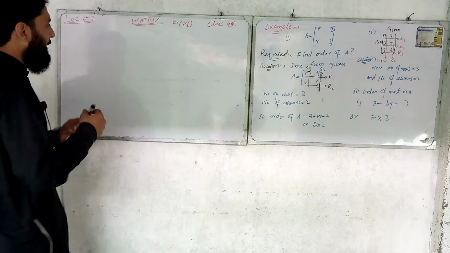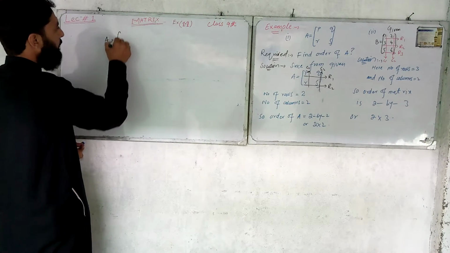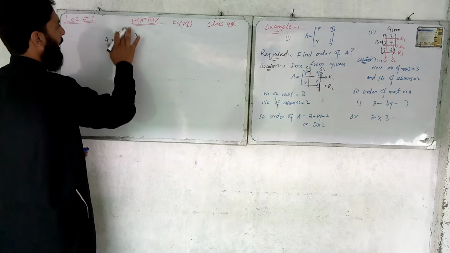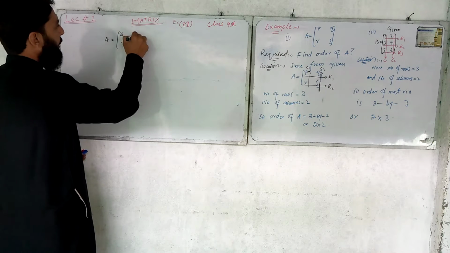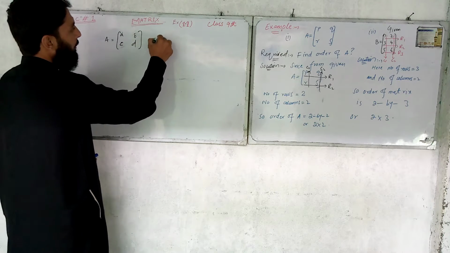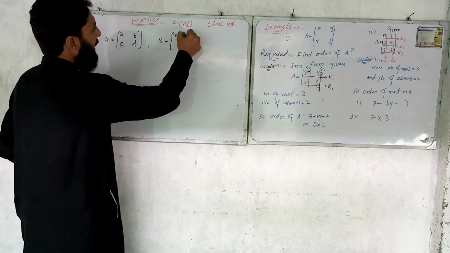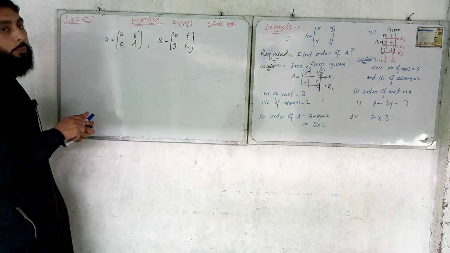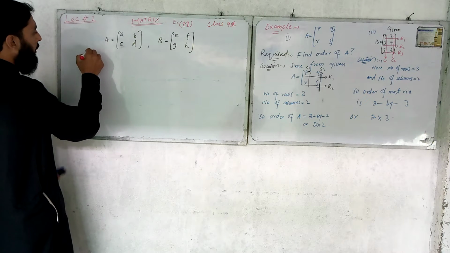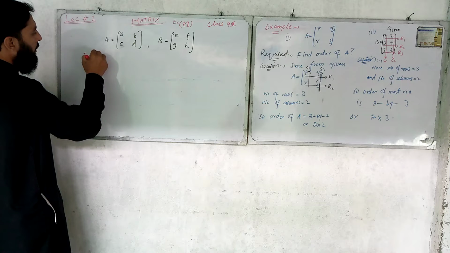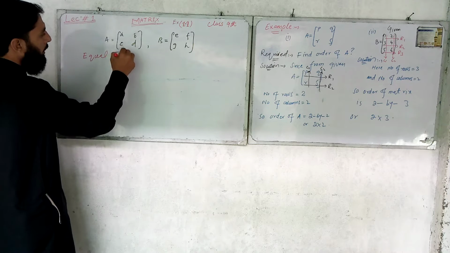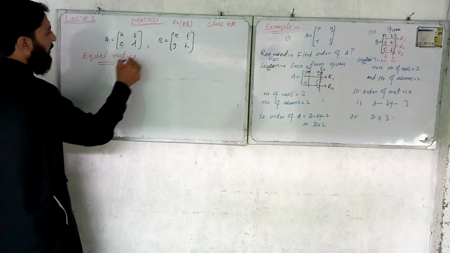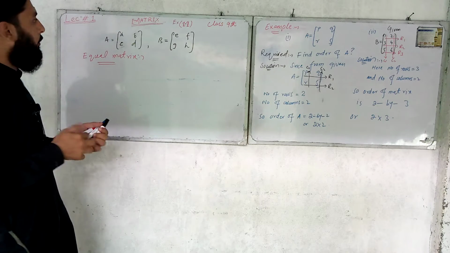If we have two matrices, A equal to A B C D, and B a matrix E F G H, when will these two matrices be equal?